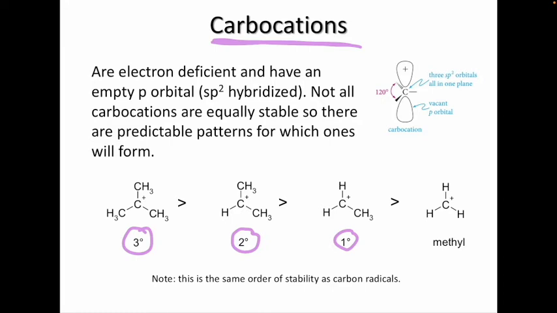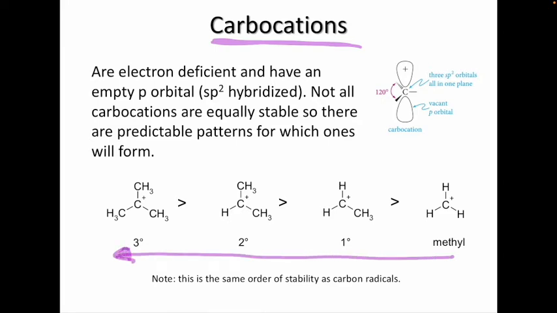So the intermediates for these reactions, these carbocations, explain why there's a specificity as to where that bromine goes. It's the exact same trend that we saw for our free radicals, with increasing stability.